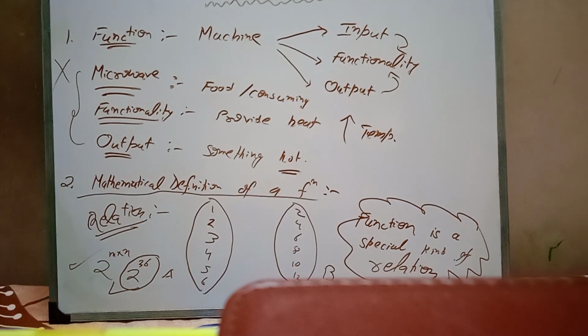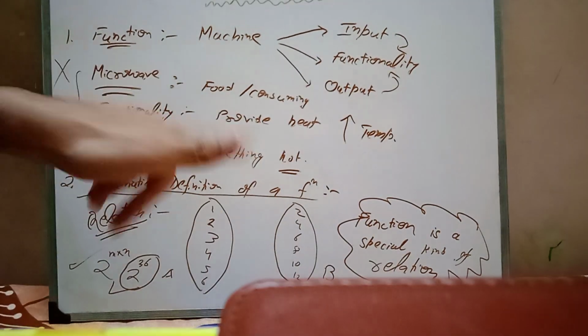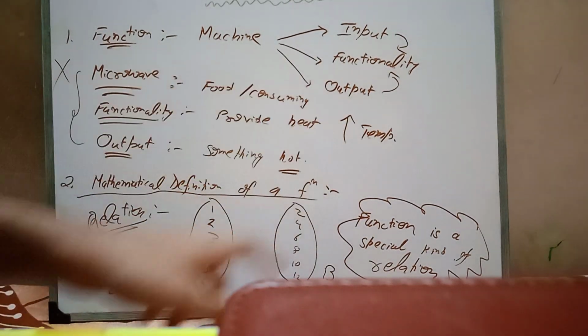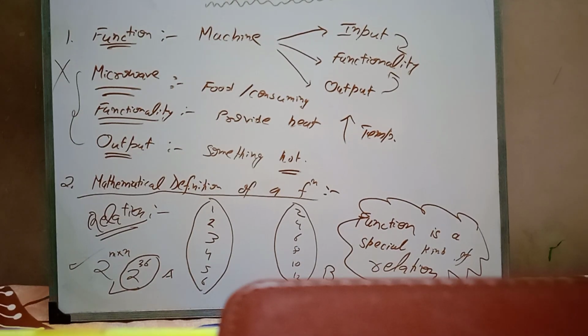So function is a special kind of relation. Like relation is a big circle, and in that circle there is a small circle of function, like you can say a Venn diagram. So the question arises, what kind of relation will then be a function?